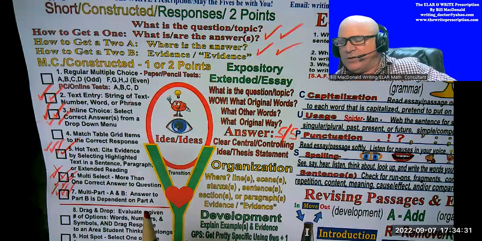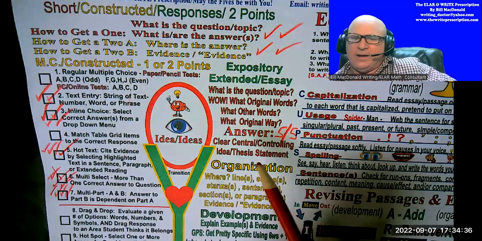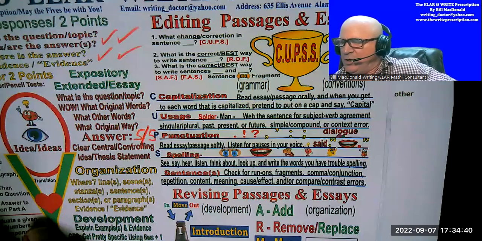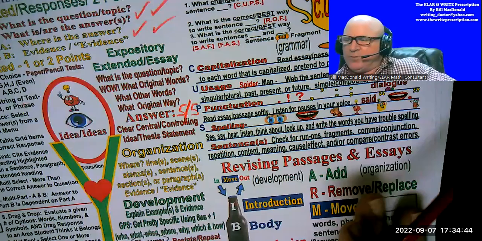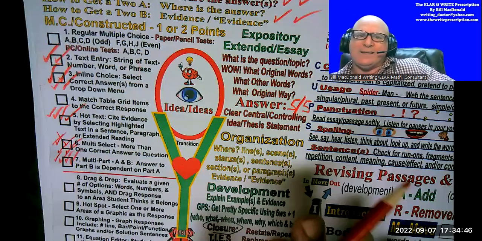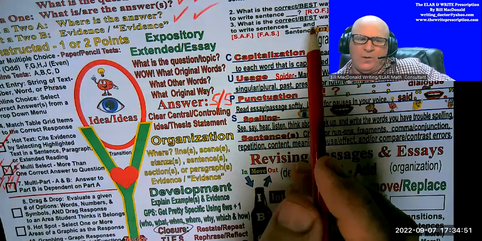Now, I want you to notice that, and they told me this in an email, all of the editing and revising questions are going to be just 1 point questions. In other words, if they're not regular multiple choice, it will just be 1 point with one of these types.